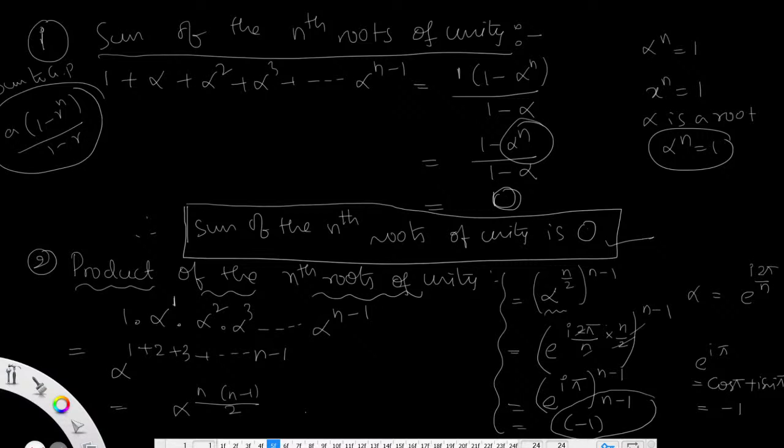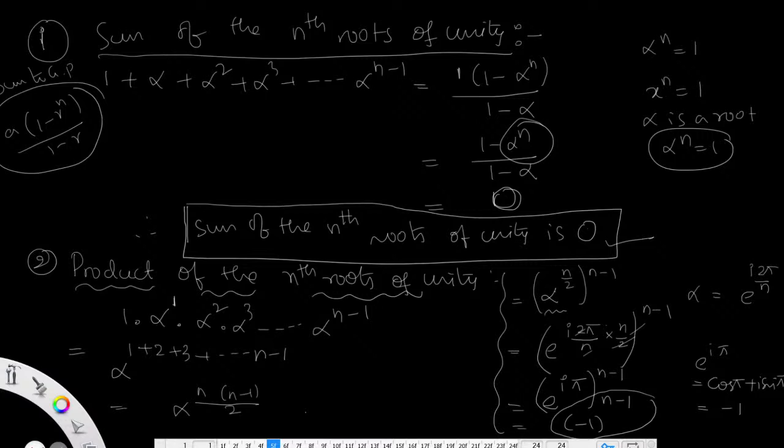So the product varies. Whereas the sum of the cube roots of unity is 0, here also 0. But the product of the cube roots of unity is 1. If n is even, minus 1; if n is odd, plus 1, which is nothing but the form minus 1 whole to the power of n minus 1.